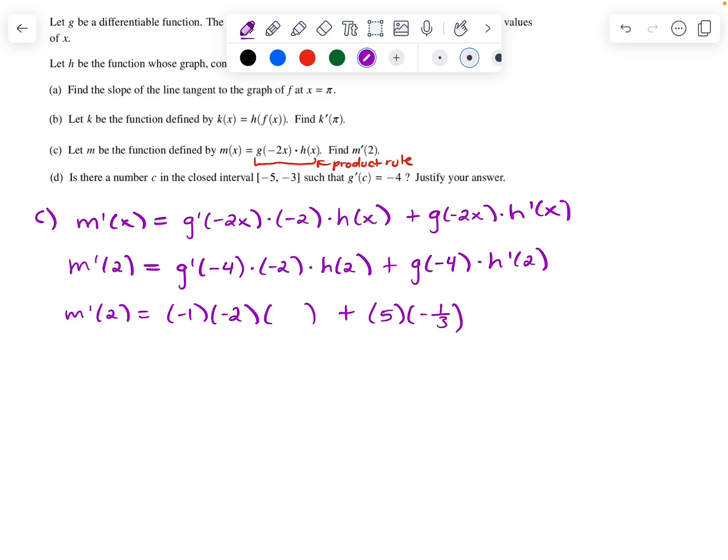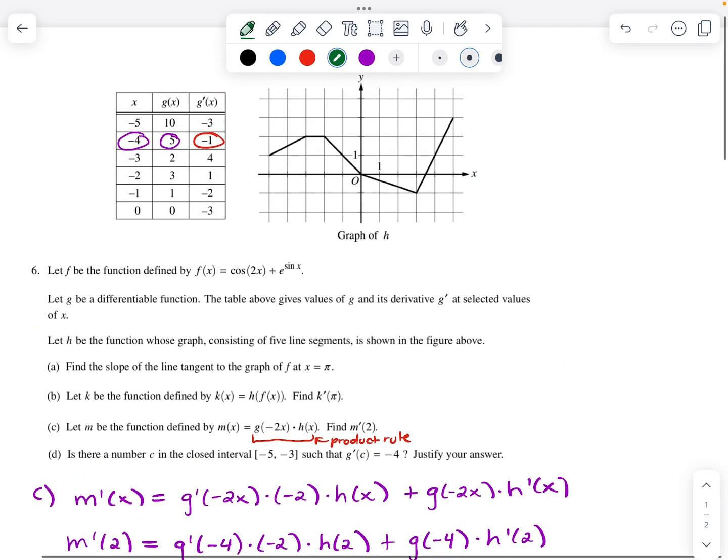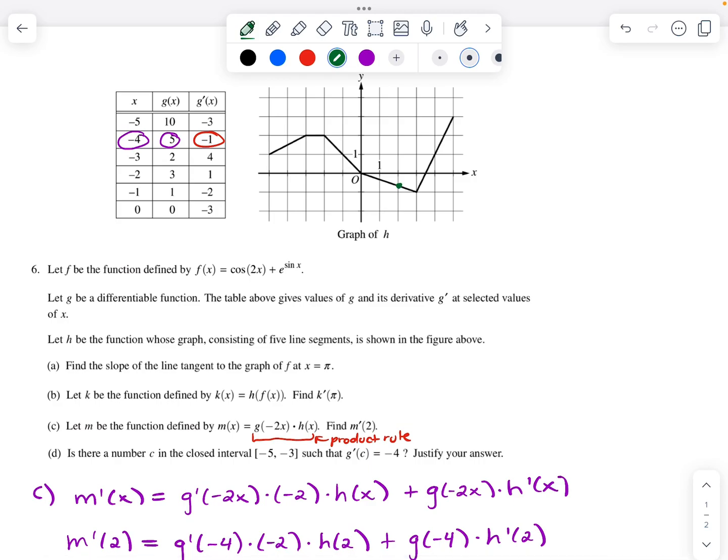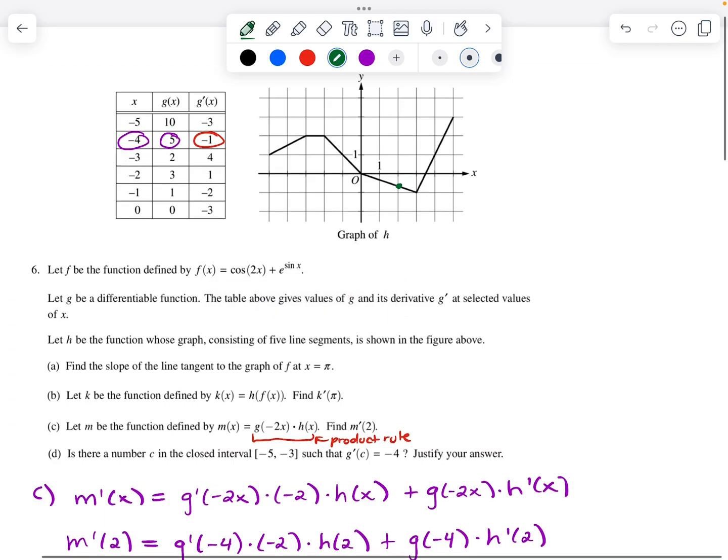Okay, so how am I going to figure out h of 2? Going back to here, I need to figure out this y-coordinate. Now, they want to know specifically that y value, so you can't just give an approximation. There is a way of finding this y value.